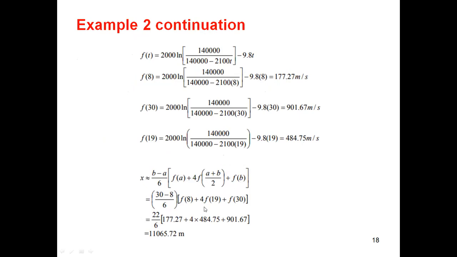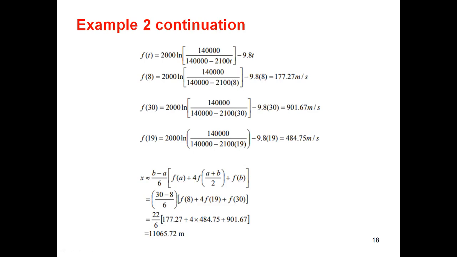The middle term should have a multiplier of 4. You add. And you will have here 22 divided by 6, which is b minus a divided by 2 divided by 3, so that would be divided by 6. And this is the distance covered by the rocket in flight, 8 seconds after it was propelled in space and until 30 seconds.